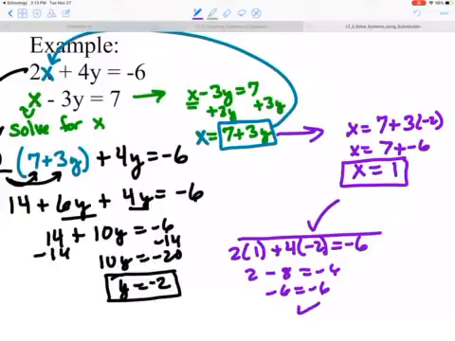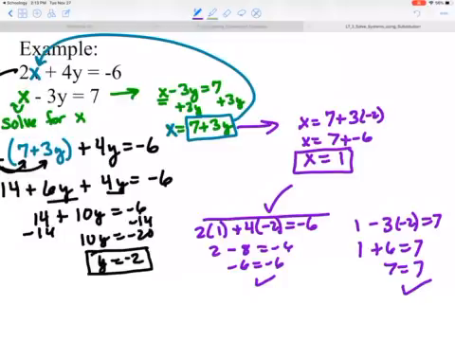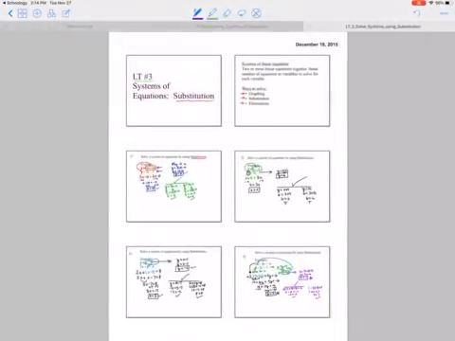My second equation is x, so it would be 1 minus 3 times negative 2 equals 7. 1 plus 6 equals 7, 7 equals 7. It works for both equations, so I know that I have the correct solution, which is x equals 1 and y is equal to negative 2. That's the end of the movie on solving a system using substitution.